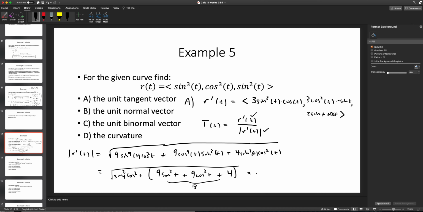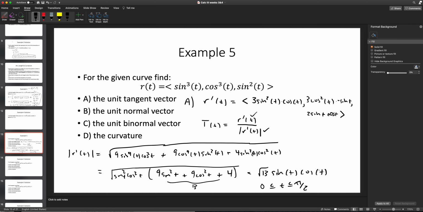So we get square root of 13 sine t cos t, and so long as t is in the first quadrant, t is positive, so we don't need to do anything too funky if we just have t in this interval. So this will work.